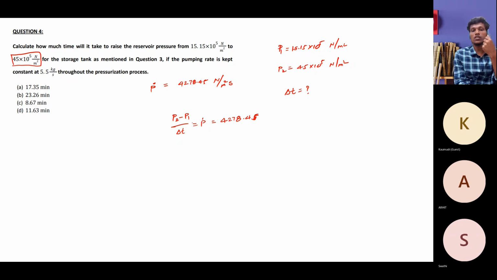Okay, so these are the details you have. The rate of change of pressure with respect to time is this one. We just obtained it from the last slide. The same question is continuing.